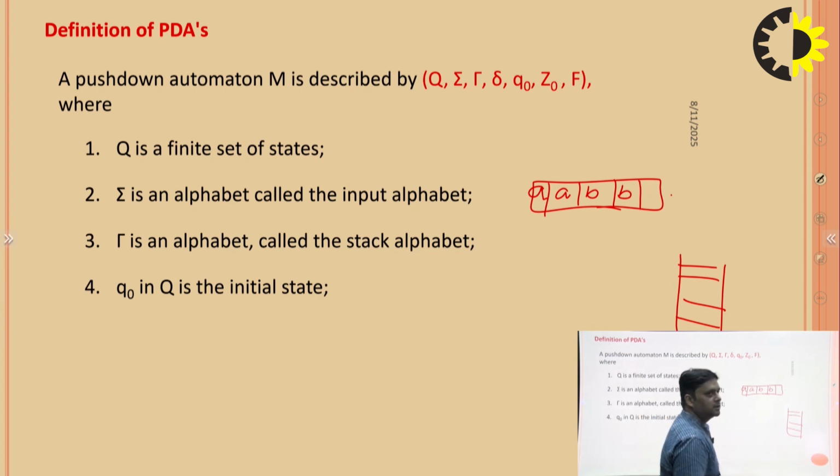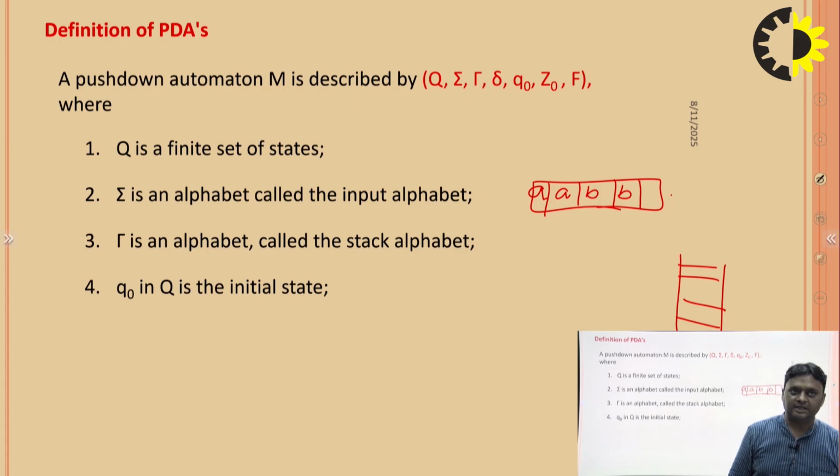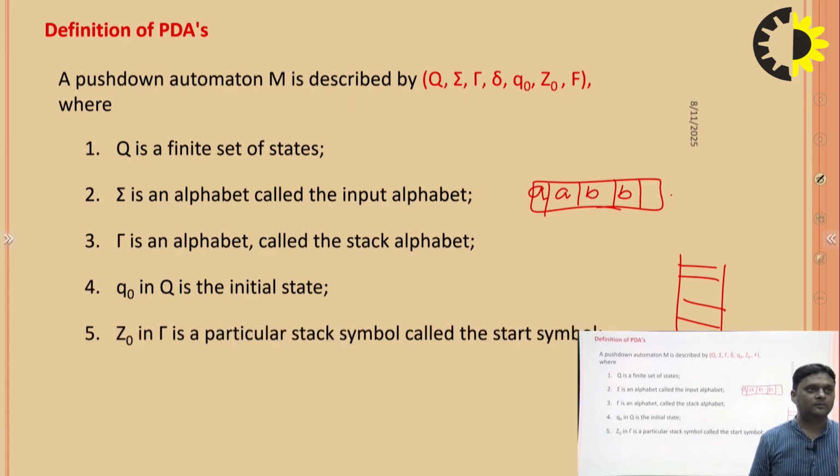Q naught is the initial state, Z naught is the start symbol of stack.